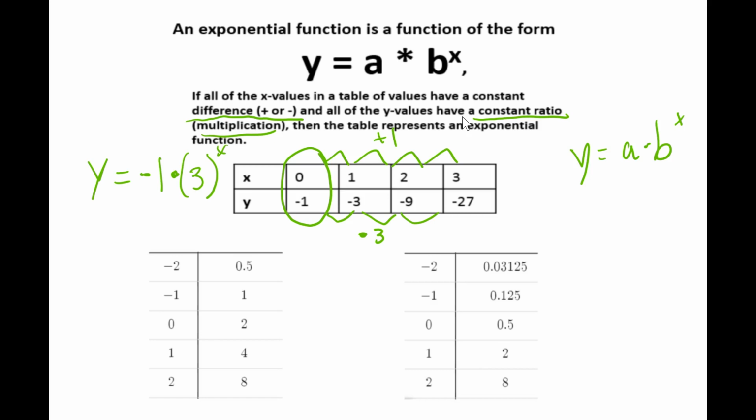That would translate to y is equal to negative, on the outside, y'all, negative times 3 to the x power. That's how we would write that.